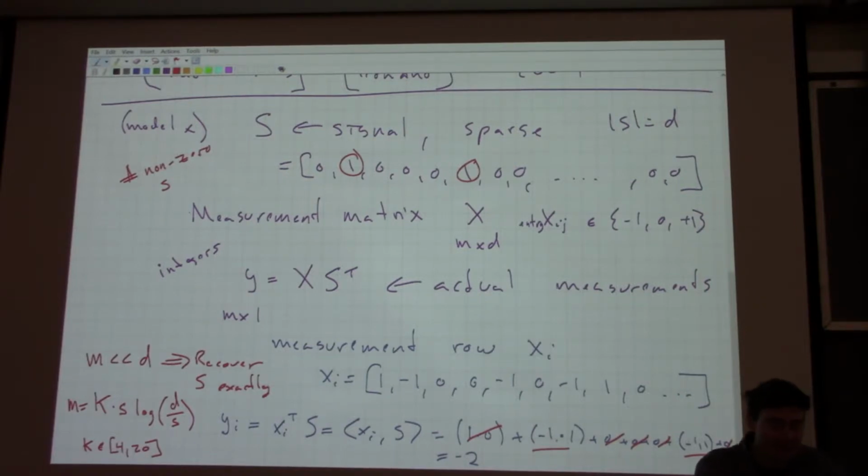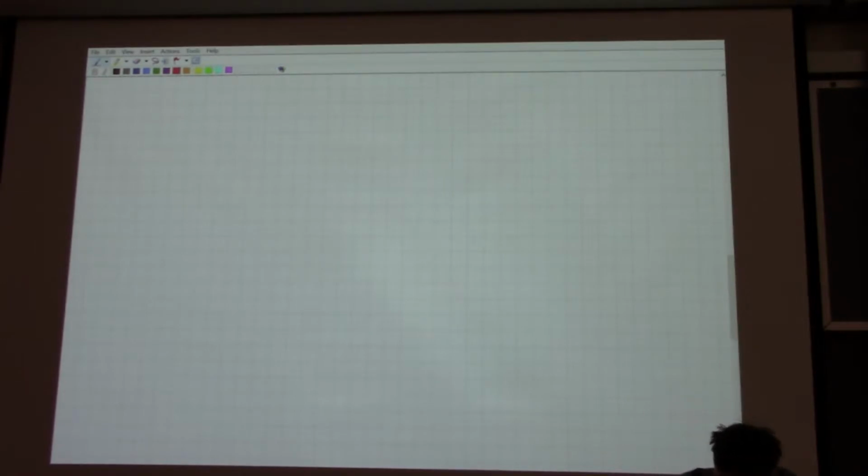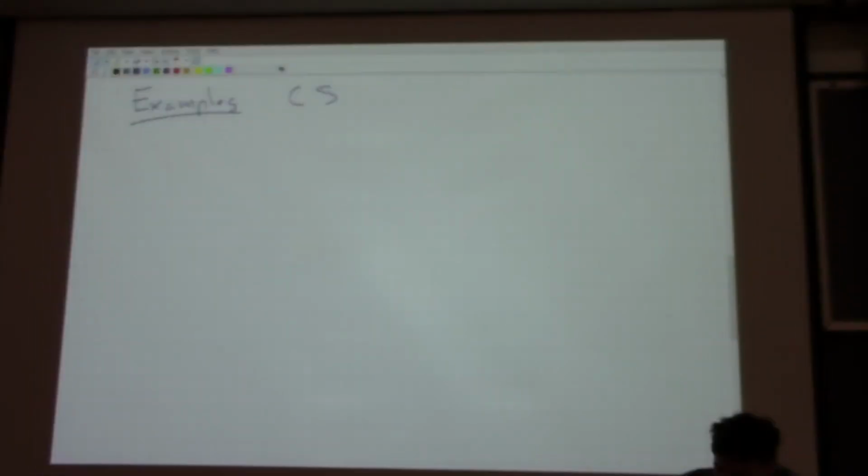So let me give a couple of examples. I'll talk about this bit example because it's easier to define the problem, but there are examples where people have used this. Examples of compressed sensing: where has this been used?